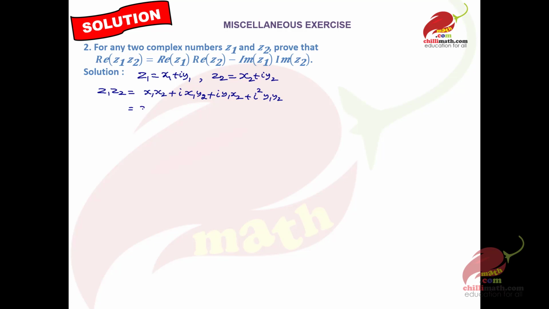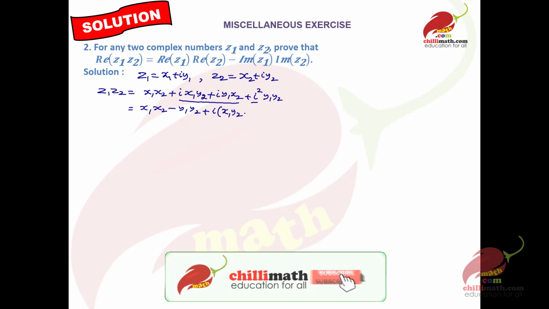Upon solving, we get x1 into x2. We are writing real parts on one side. This i^2 we know is minus 1, and it will be a real part, that is without i. So I am writing it on one side. And the terms with i, by taking i common, I am writing on the other side.